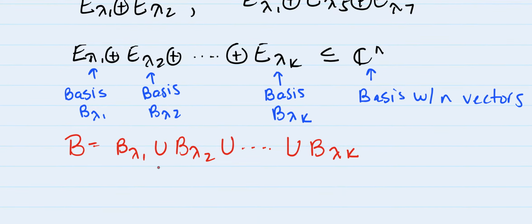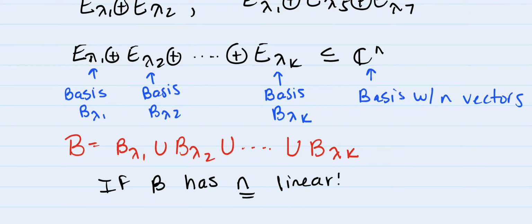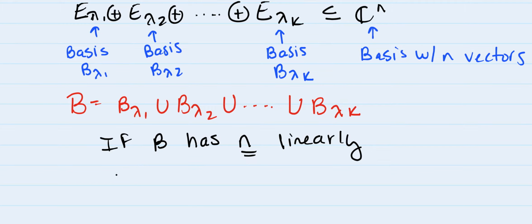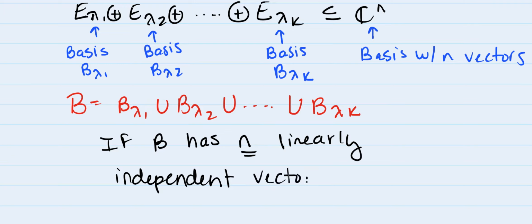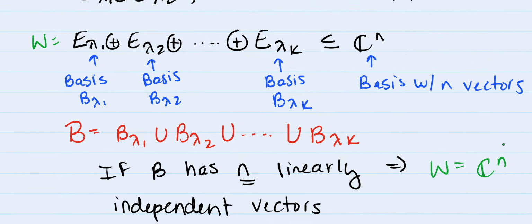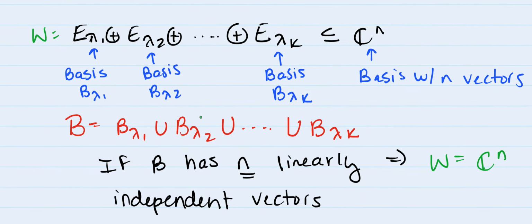Well, if we take the union of all these basis vectors, if we have n linearly independent vectors, then that would imply that this sum, let's call this sum W, W is equal to Cn. And the reason for that is, there are n linearly independent vectors in this basis.